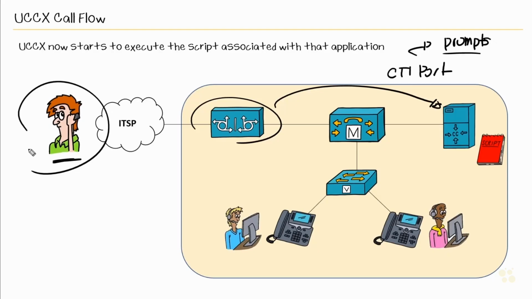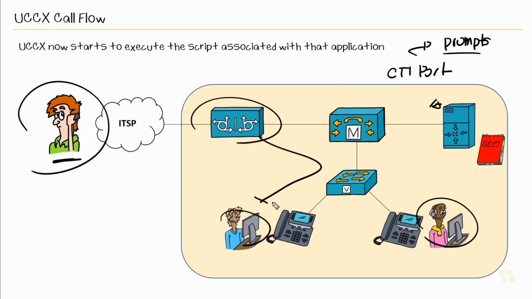Once that call is routed to an agent, then at that point the RTP stream is not between the voice gateway or CUBE and CCX, but rather from that CUBE directly to the agent who answered that call. So all this to say that the media does not pass through CUCM. It's being passed initially from the gateway or CUBE over to CCX, and once it finds an agent, that stream is sent directly to the agent from that CUBE or voice gateway.